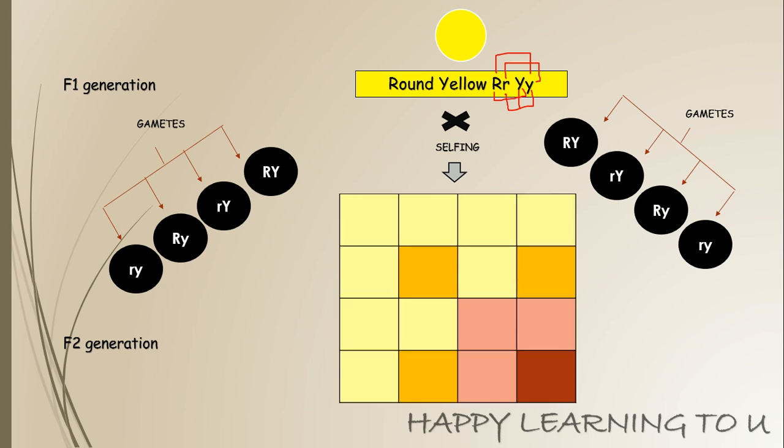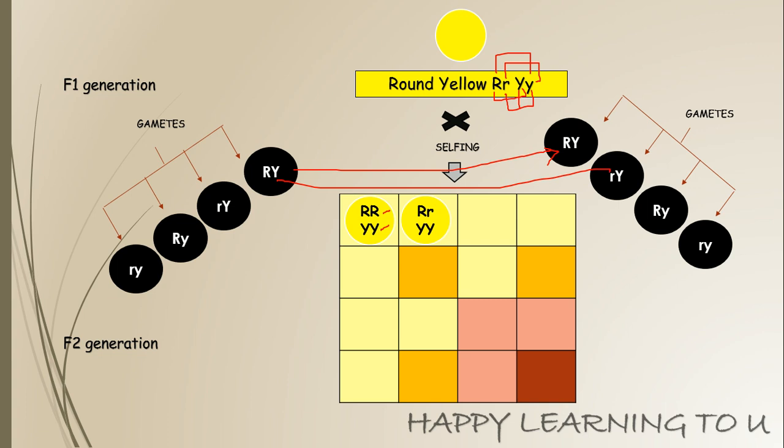Now let's look at each of these. First one here, this and this. So what you have is both capital R, both capital Y. What is the resultant here? Round and yellow color. Next, this with this.